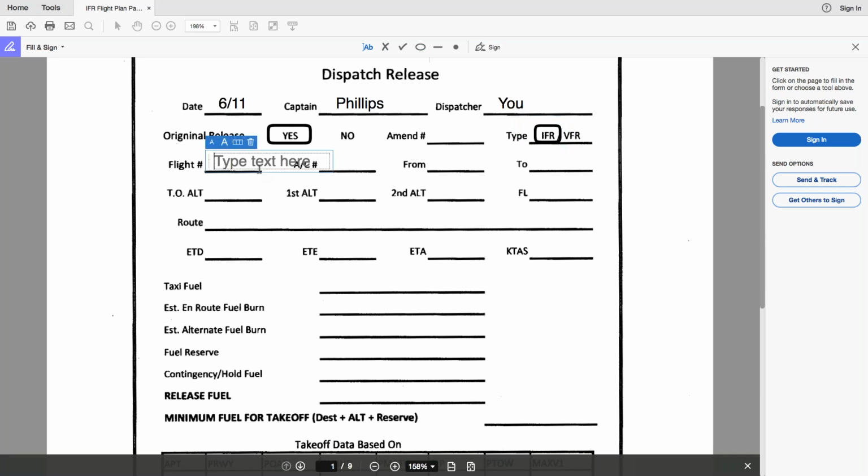Okay, flight number 3. Aircraft number was 754 Sierra Kilo. We were going from San Fran to Kalispell. Didn't have any alternates. The flight level we chose was 390.